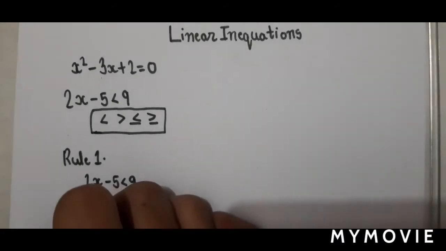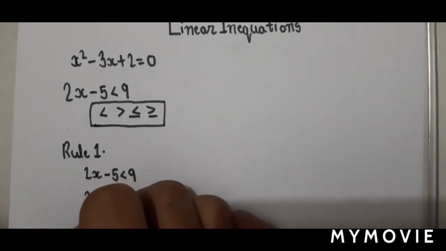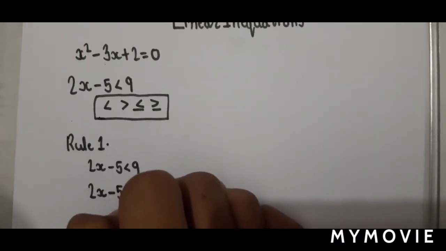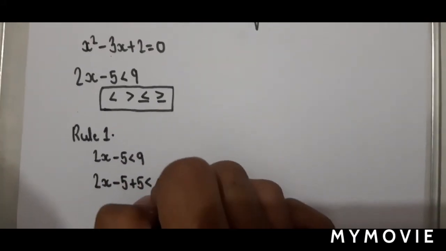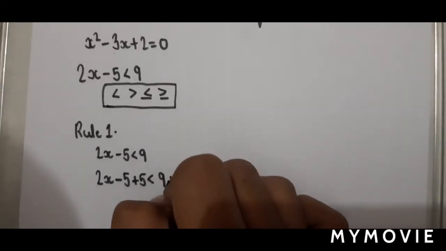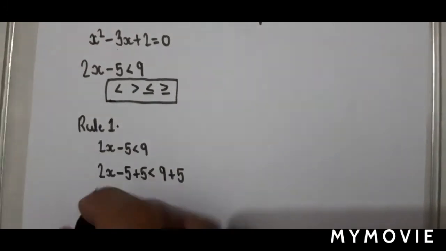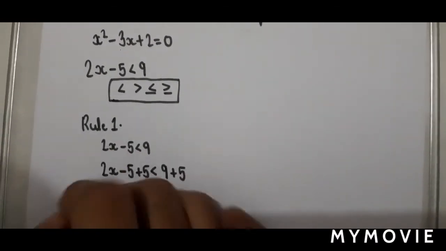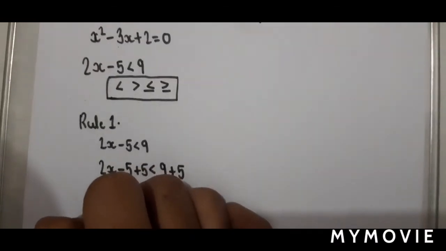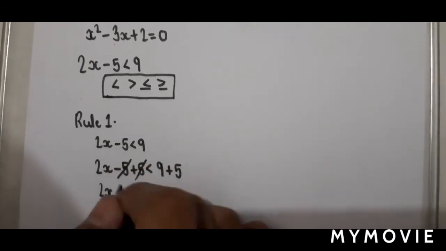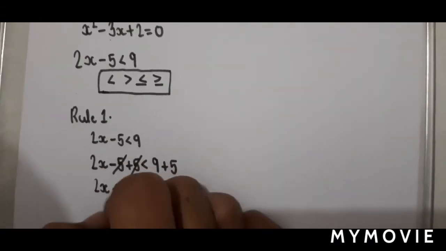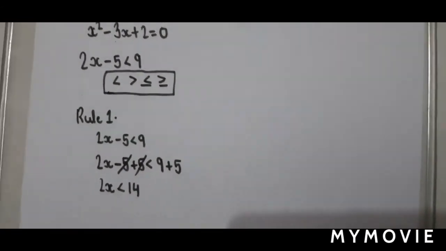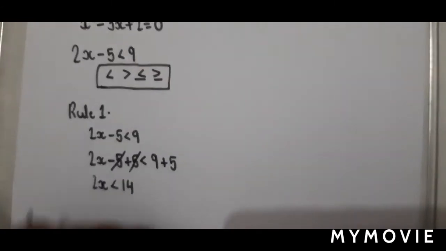See, if I am adding 5 on both sides, there will be no change in the sign. So see, these get cancelled and x is less than 14. So if we add or subtract any number, there will be no change.